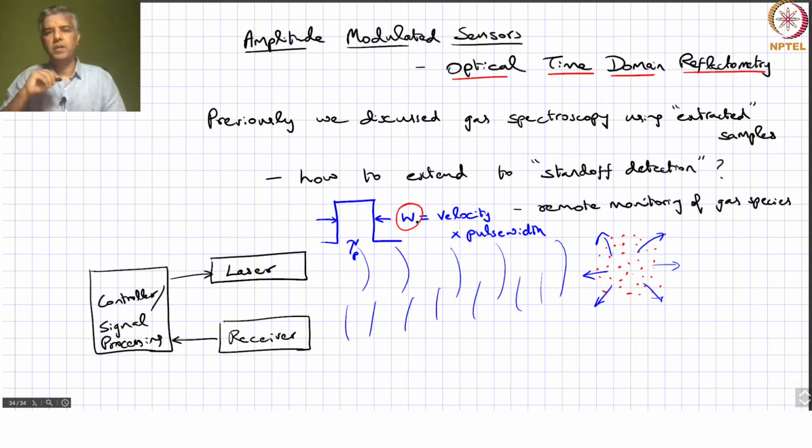You're sampling only over that W, and so at any particular instant, whatever you receive, you send this pulse out and then you're getting this back. Whatever you receive at any particular time is going to correspond to a particular location in space.